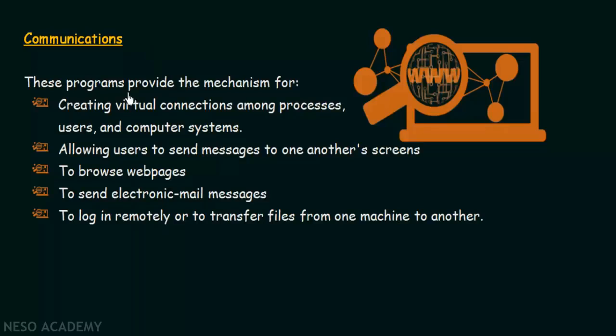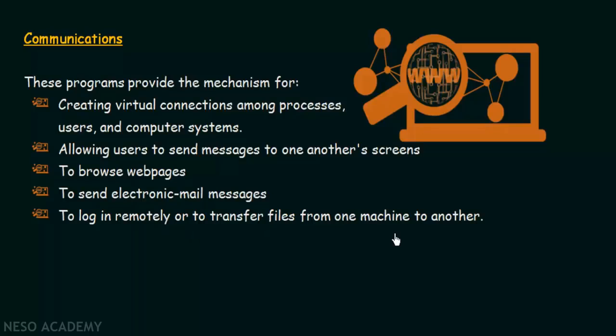These programs provide the mechanism for creating virtual connections among processes, users, and computer systems. They also allow users to send messages to one another's screens, to browse web pages, to send electronic mail messages, that is your email, and to log in remotely or to transfer files from one machine to another.